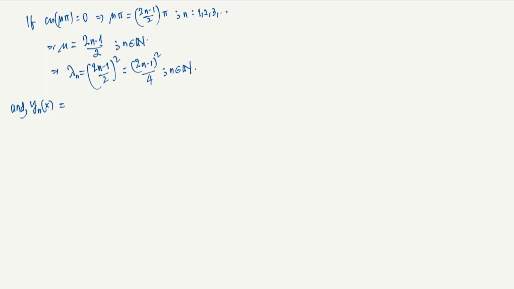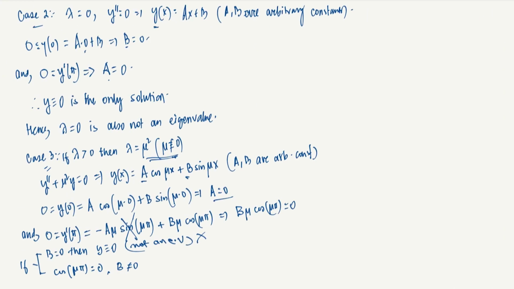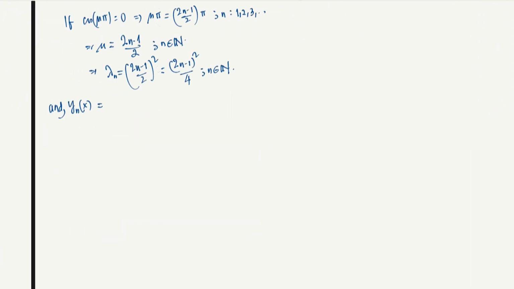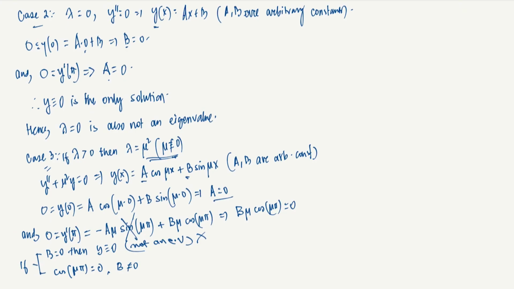Essentially if lambda n is (2n minus 1) square by 4, which is our case, then A becomes essentially 0. So the solutions are an arbitrary constant times sine mu x.